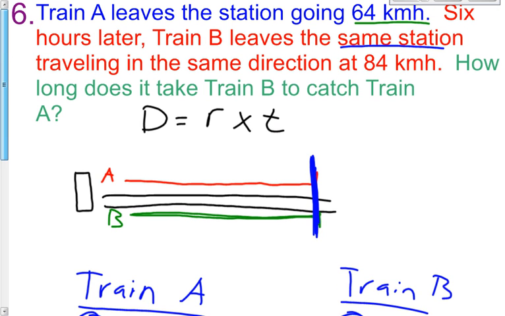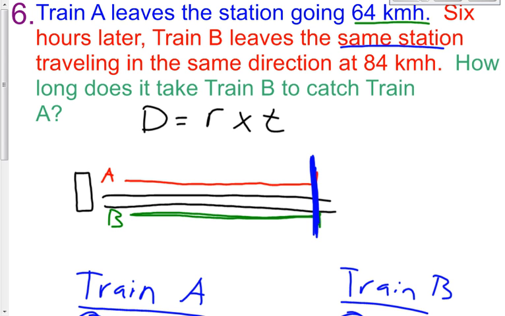All right, here comes another tricky part. Let's see. 6 hours later, train B leaves the same station. So we have to ask ourselves the question, which train travels a longer length of time? They both travel an equal distance, but which train travels for a longer time?